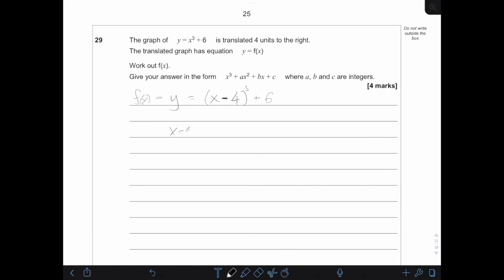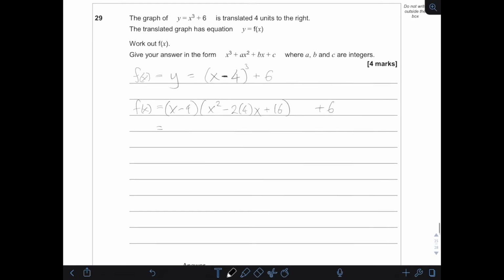So x minus 4, and we can use the quadratics: x squared minus 2 times 4 times x plus 16, all times x minus 4, plus 6. So that's the first expansion, and then we have the second expansion, which is just straight algebra really.